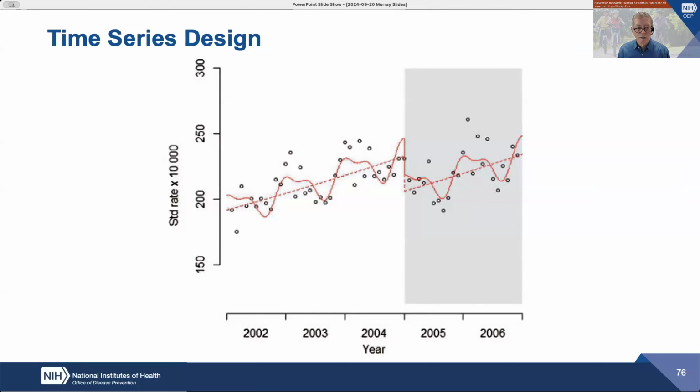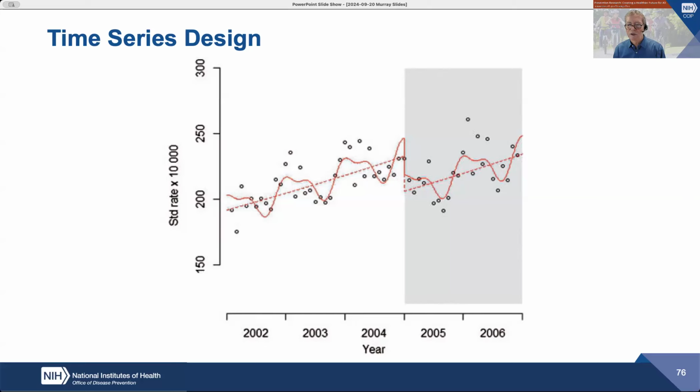So in 2002, 3, and 4, we've been collecting data on sexually transmitted disease infection rates. Each year, the trend is going up. There's bounce from month to month, as you might expect.